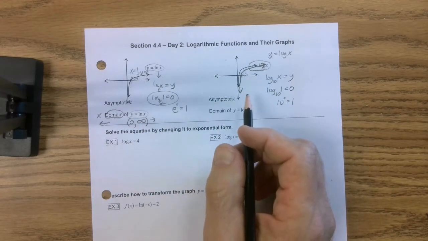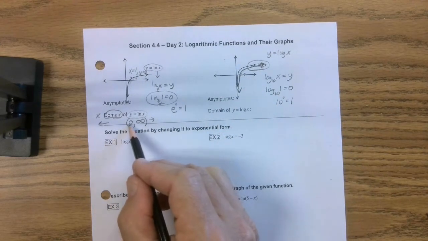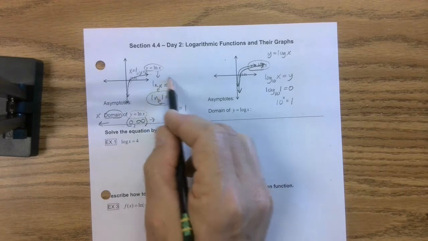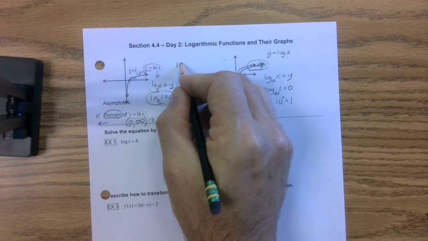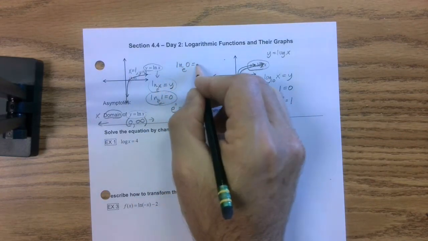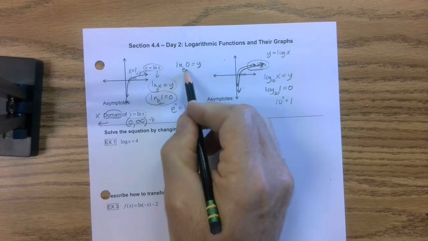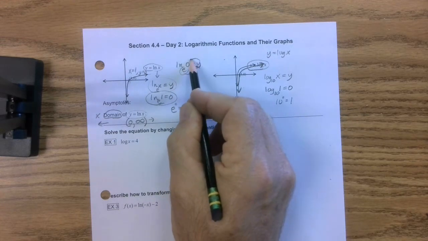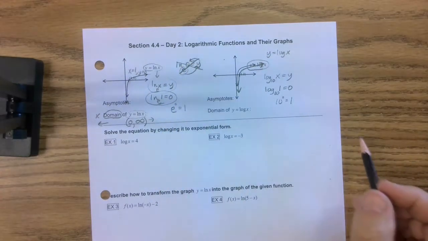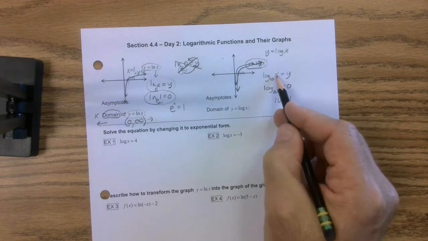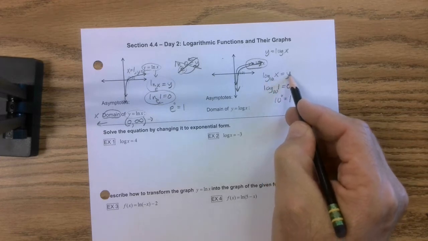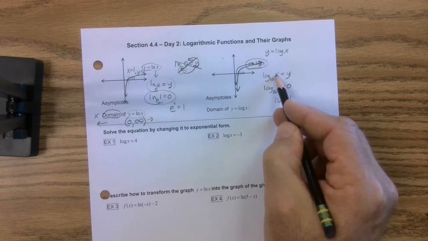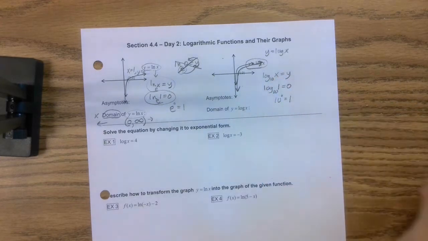Now the question is, why can't x be 0? If we investigate and put a 0 in there, I raise e to some power, remember e is 2.71, 2.71 to some power equals 0, that will never happen. Same thing for this one right here. I cannot put a 0 in for x because 10 to any power will never, ever, ever give me 0.